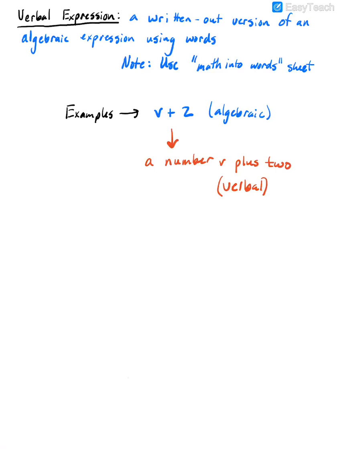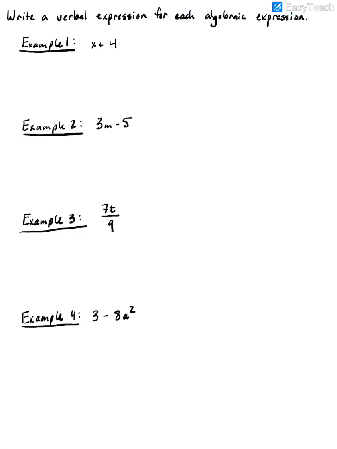Okay, so let's go ahead and move on to our examples. So here, for the first learning target, we want to be able to write verbal expressions as algebraic and algebraic expressions as verbal. So this is the first part. We're going to take these algebraic expressions and write them as verbal expressions instead. Okay, so here x plus 4. Any time there's a variable, we say the number and then say the letter.